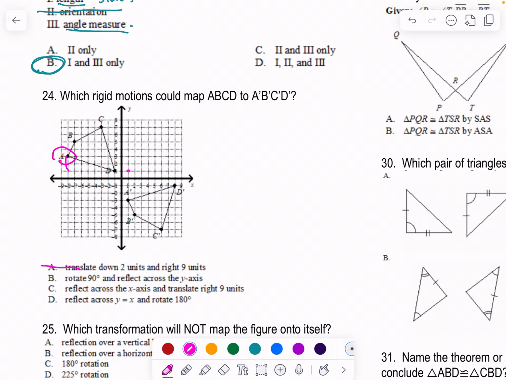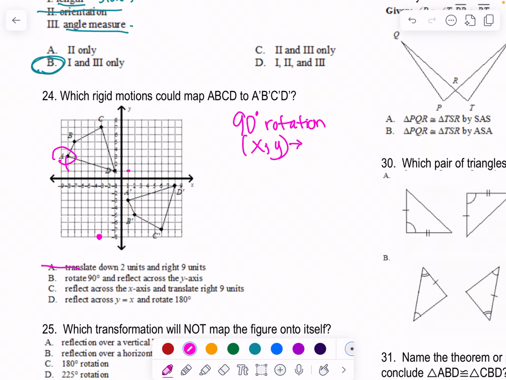Rotate 90 degrees and reflect over the y-axis. When they say 90 degrees rotation, we need more notes on this, right? In order for something to be a 90-degree rotation, the general rule is you would take your x, oops, that's supposed to be a y. You would take your point (x, y), and a 90-degree rotation would move it down and to the right, like about right there.